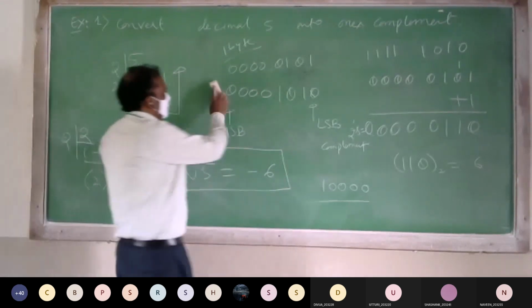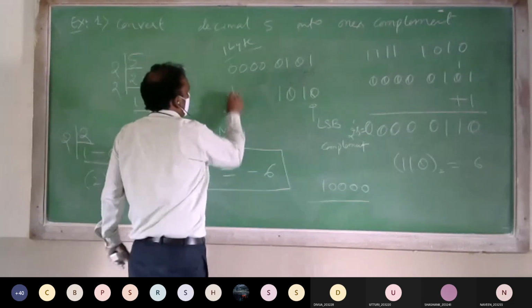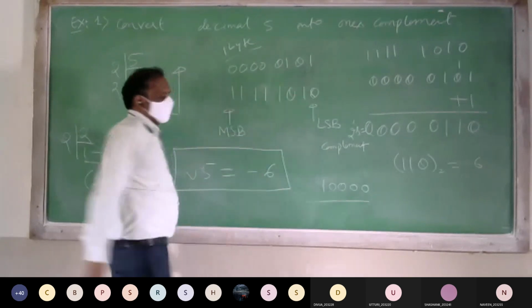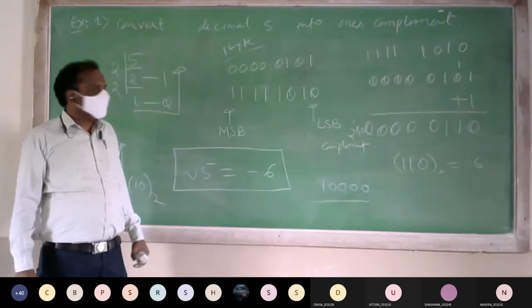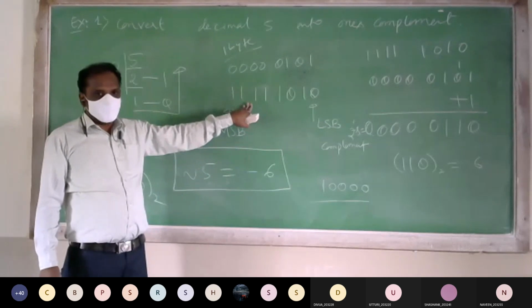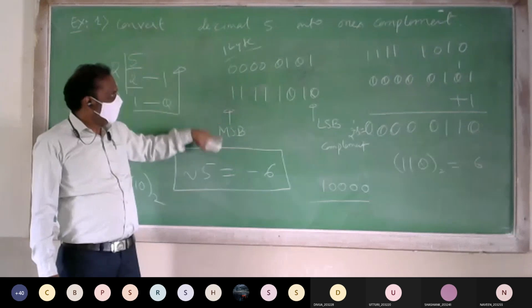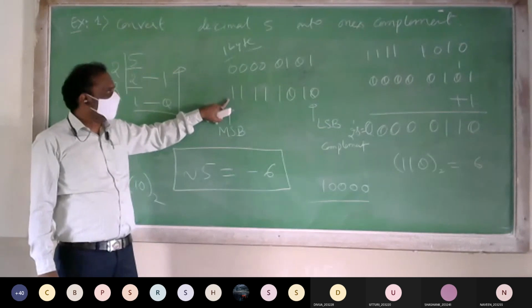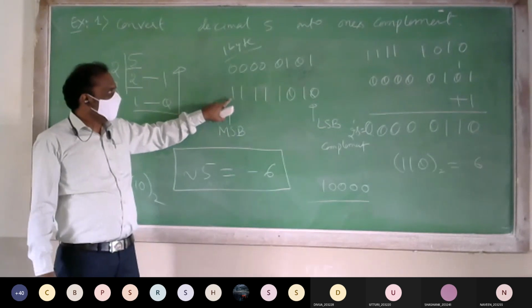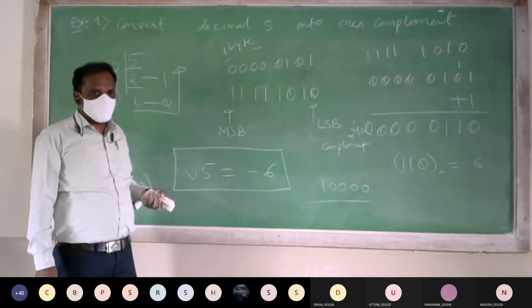Now, according to the definition, zeros are converted into 1, ones are converted into 0. This value I have got. Now I observed that the most significant bit is 1, so I come to know that it is a negative number.